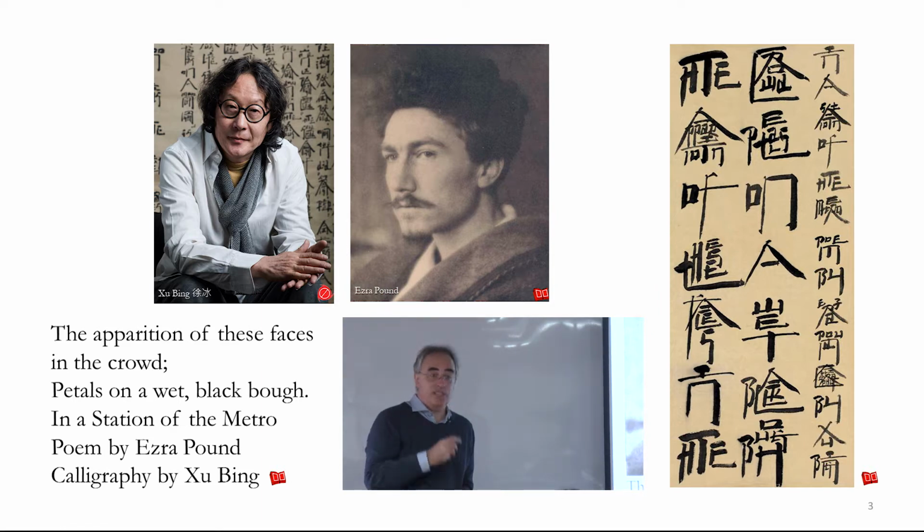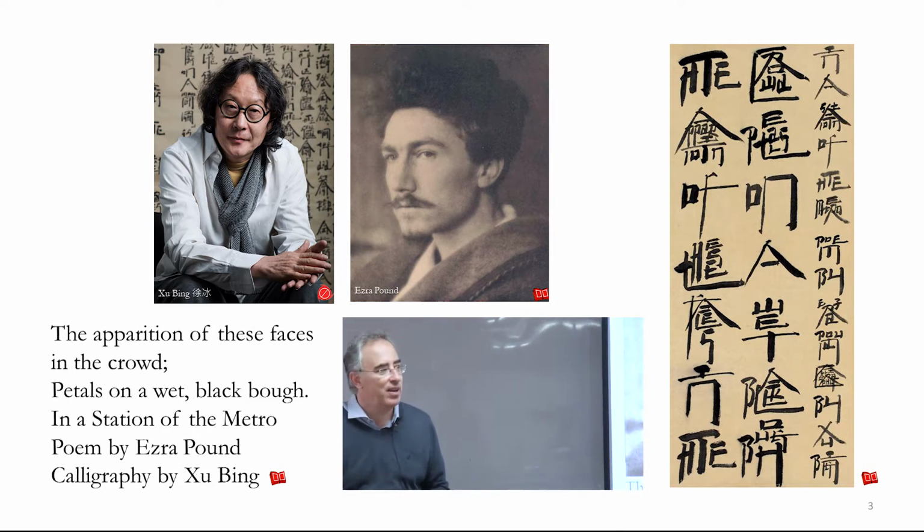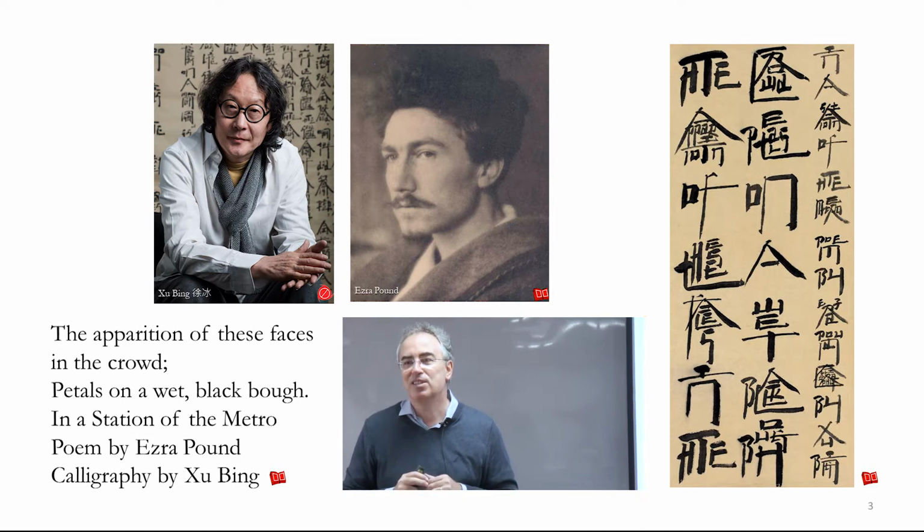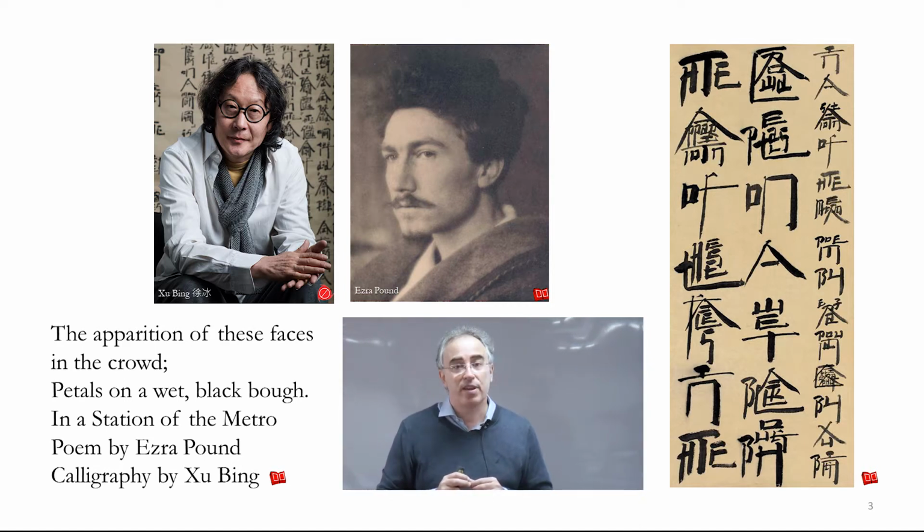And everybody who has taken a course in English or American literature will have studied this at quite some length. It's a very famous poem from the 1910s. And we will be talking about Ezra Pound and the influence of Chinese, or rather his imaginary Chinese, on his poetry and hence on modernism at large at some point in our class.